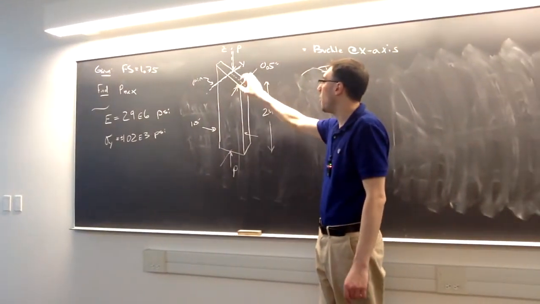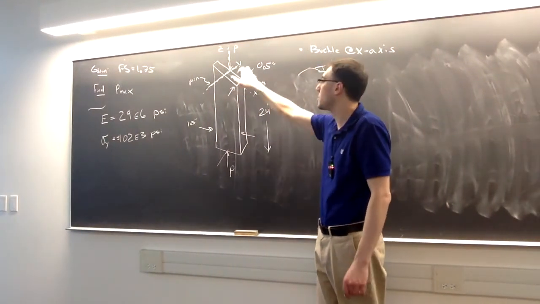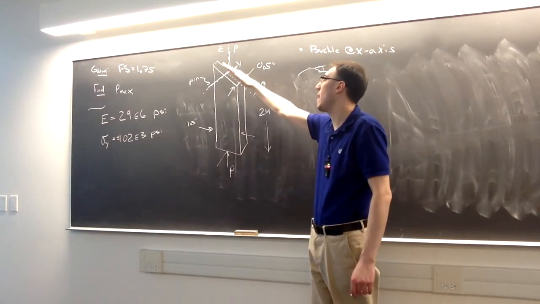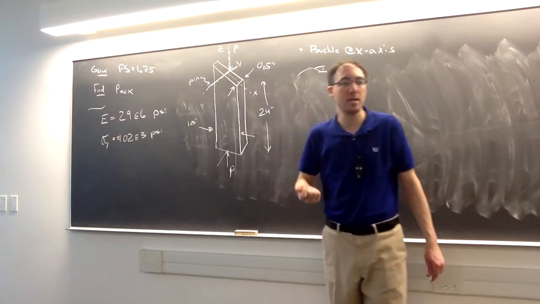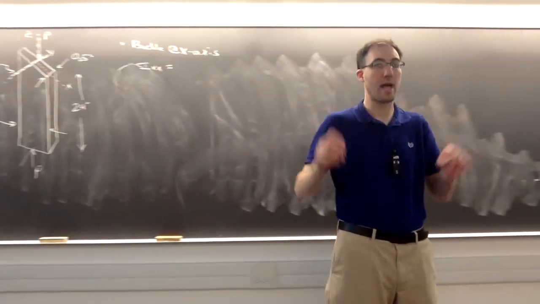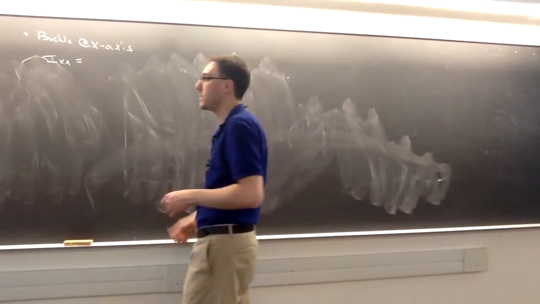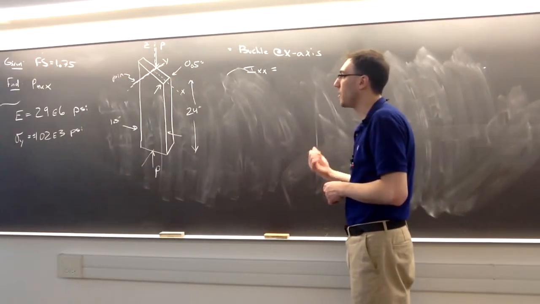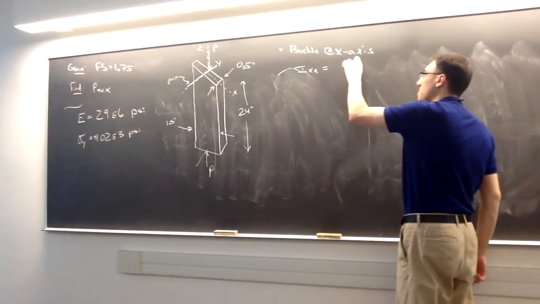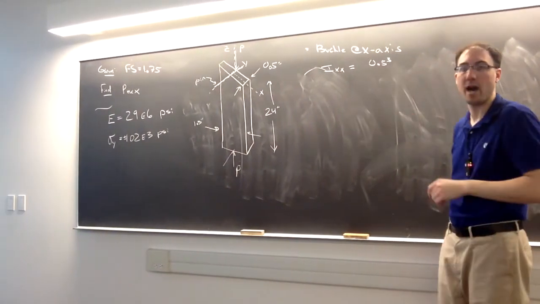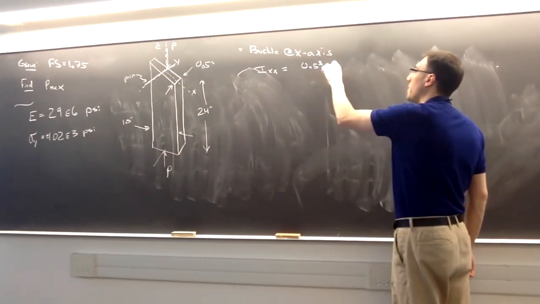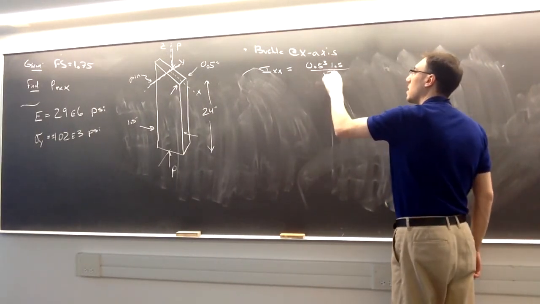So we need to know what is the Ixx, the area moment of inertia around the x-axis. In this case, the x-axis is the neutral axis that we're looking at for this segment. So we're going to be cubing the 0.5 inch term times 1.5 inches over 12.